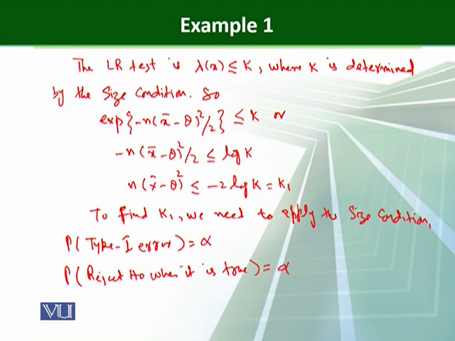So in this case, the probability that n times x bar minus theta naught squared is less than or equal to k1 is alpha.